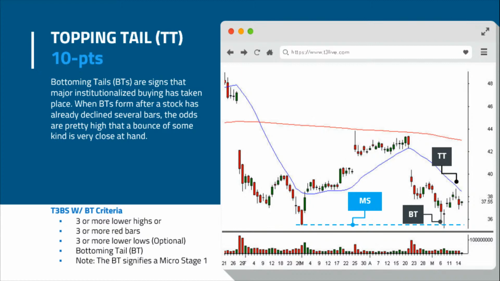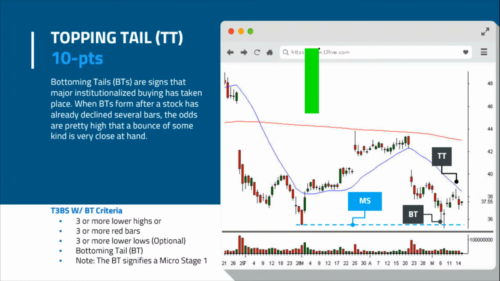Now, topping tails and bottoming tails are signs that major institutional buying or selling has taken place, especially if the topping tail or bottoming tail happens on large, significant volume, and the bigger the better, right? If it's a really big bar. Because the way tails form, a topping tail initially was a big green bar.